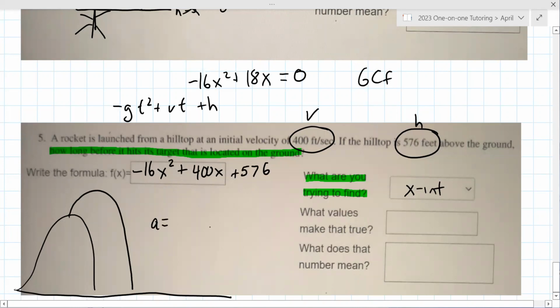What would A be? What would B be? And what would C be in this problem? A would be -16, B would be 400, and C would be 576.